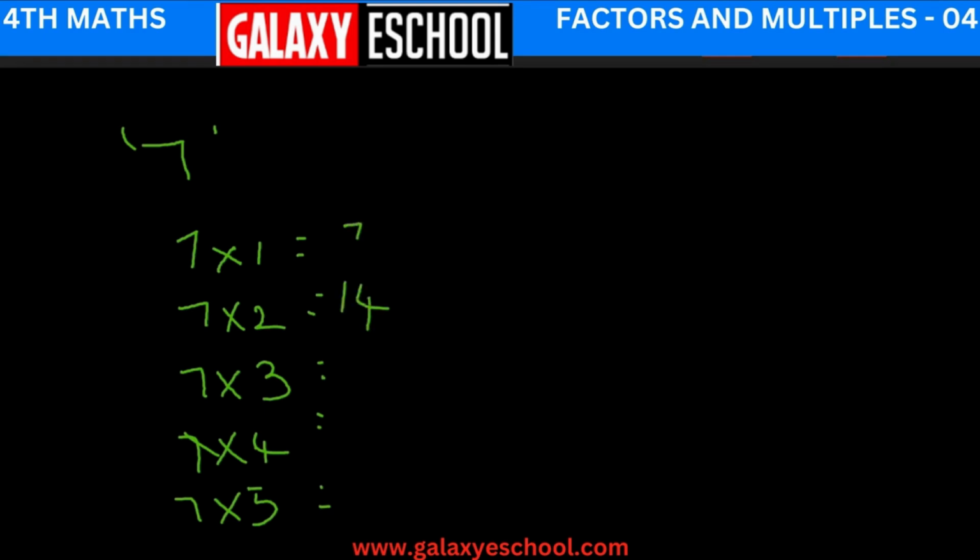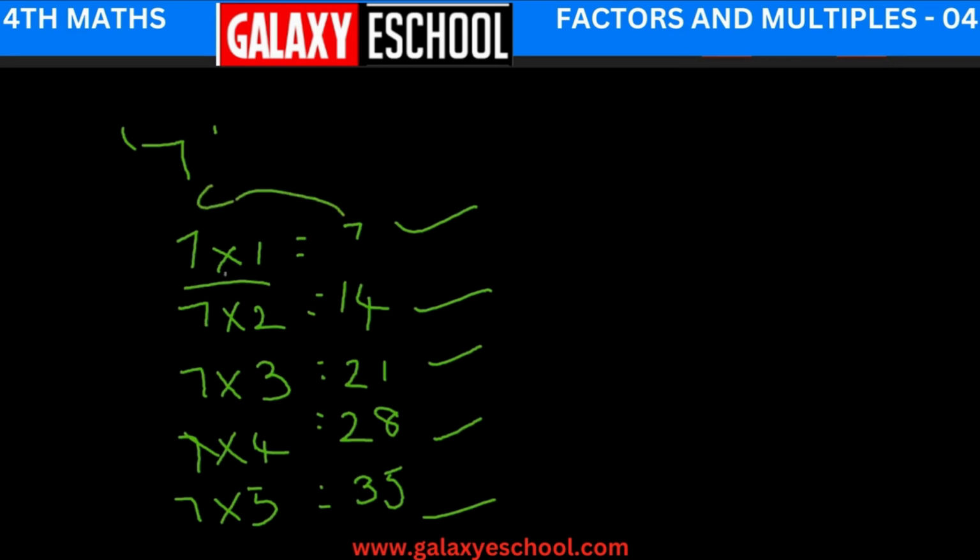7 1s are 7, 7 2s are 14, 7 3s are 21, 7 4s are 28 and 7 5s are 35. So 7, 14, 21, 28 and 35 become our multiples. And 7 and 1 are the factors of 7. 7 and 2 are the factors of 14.